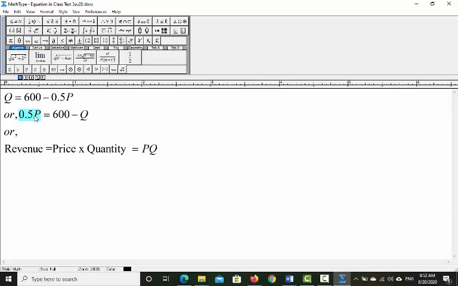But if we had something else like 0.3, what would we do? We could bring it to the right hand side.